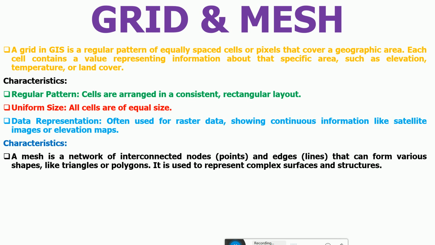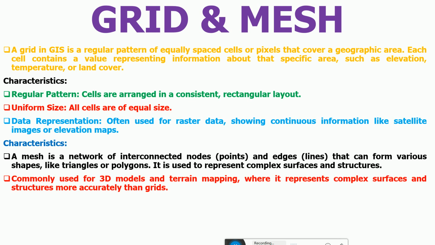A mesh is a network of interconnected nodes, points, and edges that can form various shapes like triangles or polygons. It is used to represent complex surfaces and structures. It is commonly used for 3D models and terrain mapping, where it represents a complex surface and structure more accurately than grids.